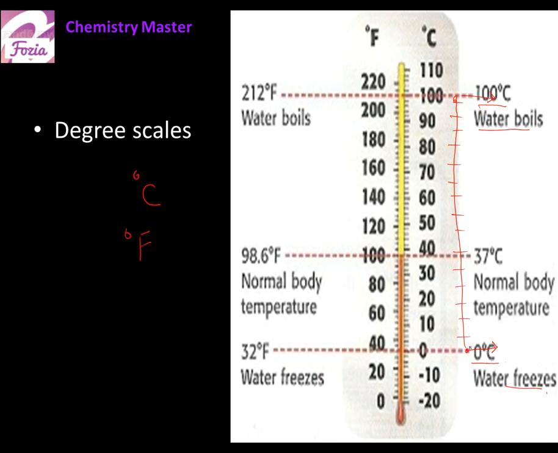That is why the Celsius scale begins from 0, and 100 degrees Celsius shows the boiling point of water. Similarly, for degrees Fahrenheit, the freezing point of water is assigned 32, and the boiling point of water is assigned 212 Fahrenheit. This difference is divided into 180 sections.